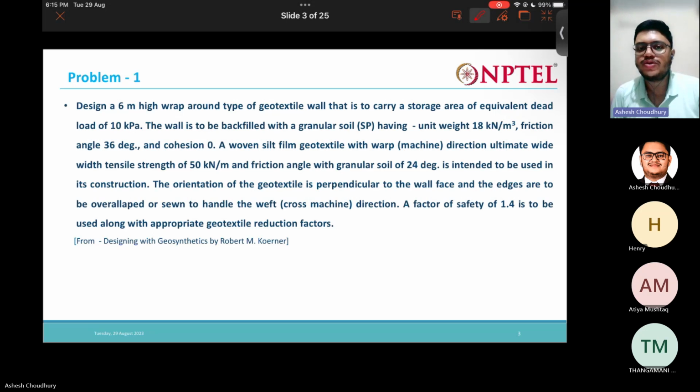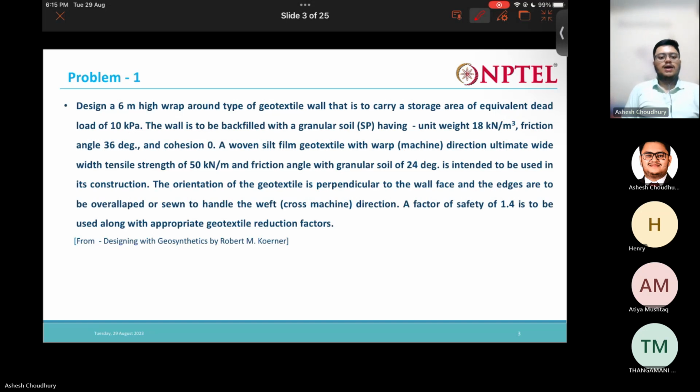The geotextile will give two strengths in two perpendicular directions, one in the warp direction and the other in the weft direction. In the warp direction, the strength is 15 kilonewton per meter.